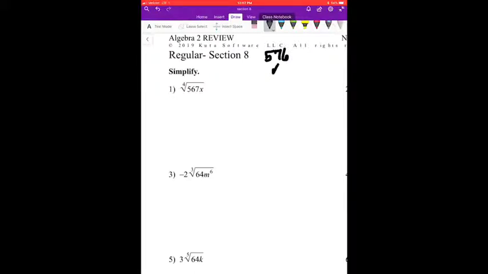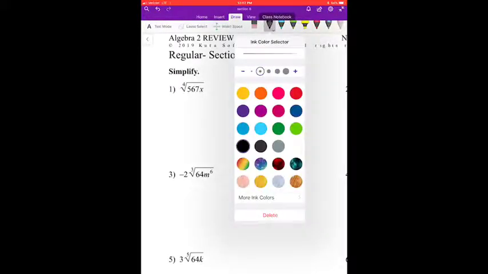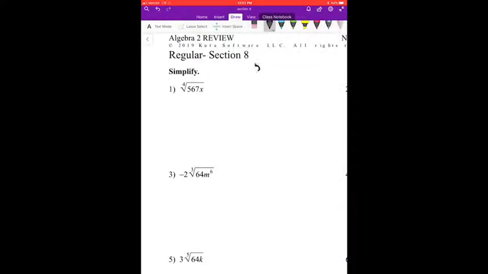Oh, whoops, 567 it should be. All right, so 567, it's not even, so it won't divide by 2. It does divide by 3, though. 3 is prime. 189, I'm going to see if it divides by 3 evenly.